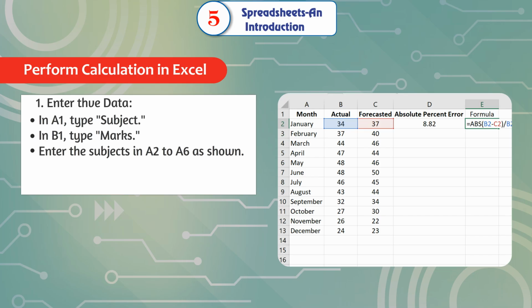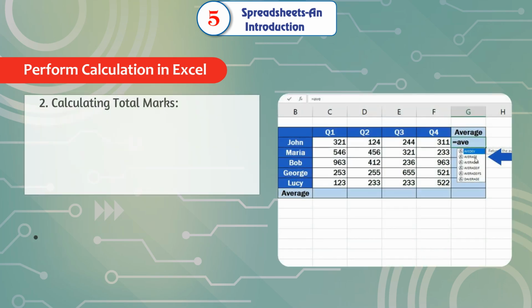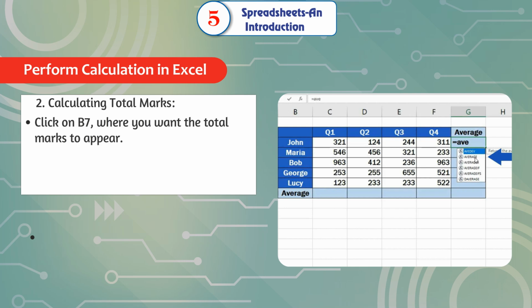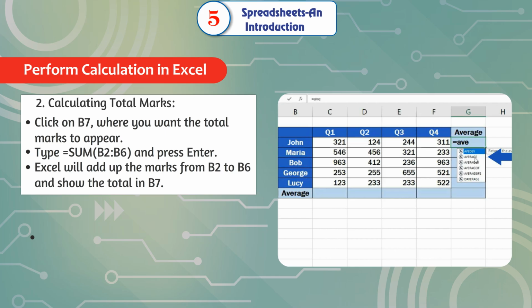Enter the subjects in A2 to A6 as shown. Enter the marks for each subject in B2 to B6. 2. Calculating total marks. Click on B7, where you want the total marks to appear. Type equal sign, SUM, B2 to B6, and press Enter. Excel will add up the marks from B2 to B6 and show the total in B7.